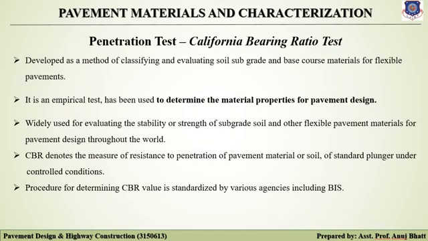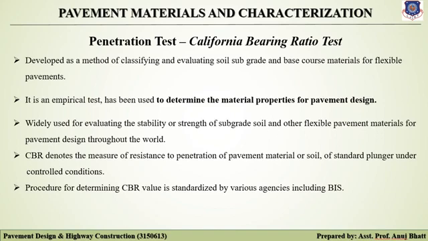CBR test is an empirical test which has been used to determine the material properties for pavement design. The California bearing ratio test is a penetration test meant for the evaluation of subgrade strength of roads and pavements.